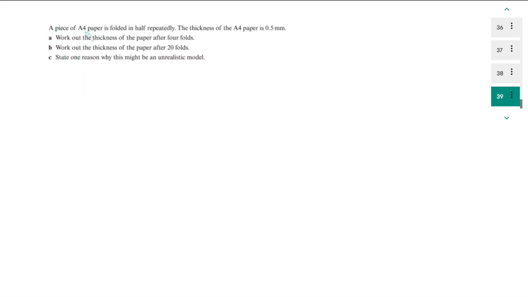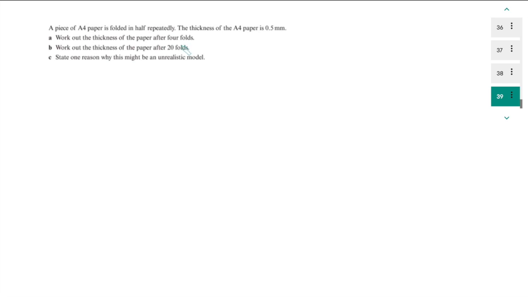So here we go, a piece of A4 paper. A4 paper is the normal sheet of paper you get out of a printing machine, and you keep folding it in half. So you're told the thickness of the A4 paper is 0.5 mil. So work out the thickness of the paper after 4 folds.